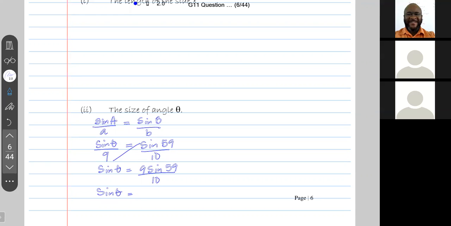And to 3 decimal places, I have 0.771. Theta is therefore sine inverse 0.771.